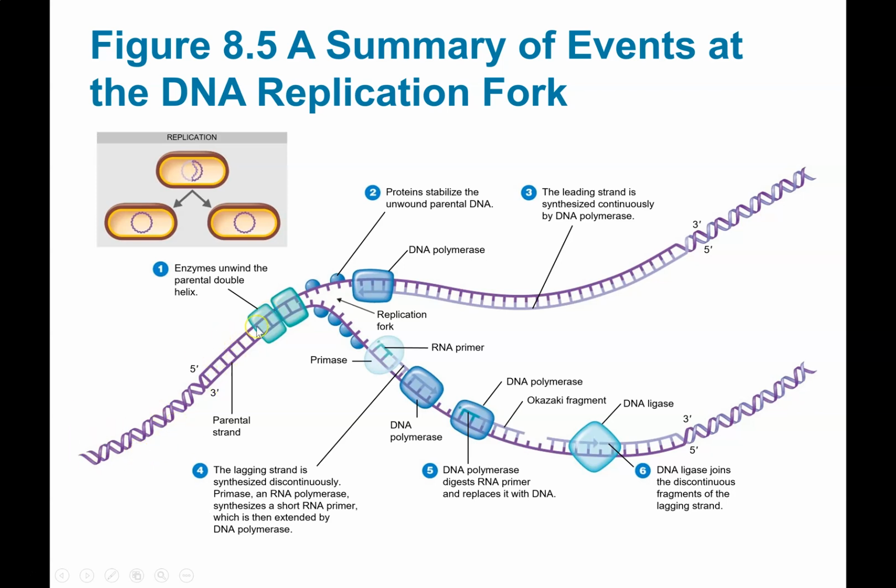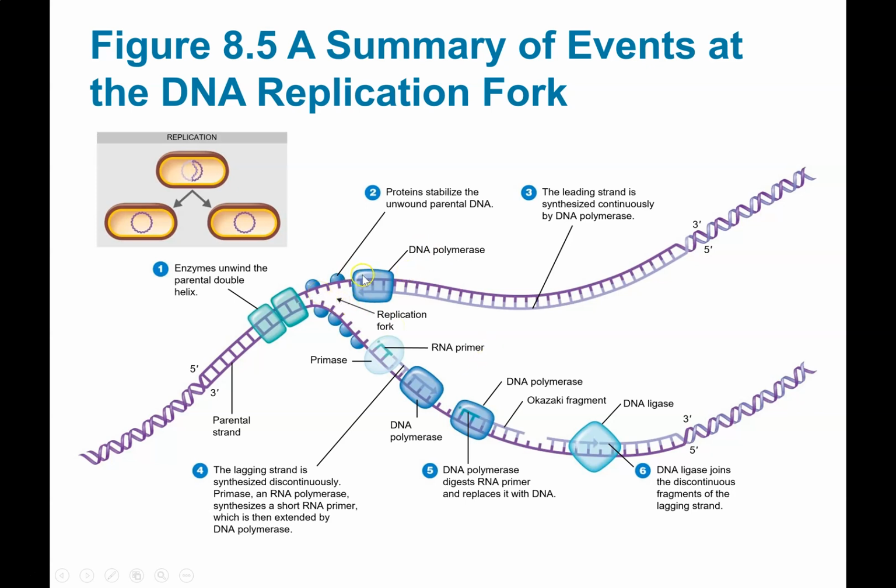Here's where it's starting to get relaxed because of the topoisomerase and gyrase, and then the helicase specifically is breaking the hydrogen bonds between the A's and T's to create that replication fork. So you have the replication fork here.